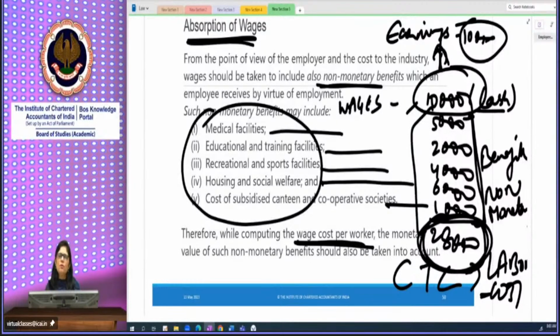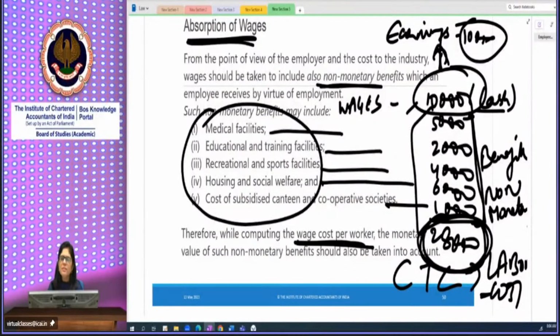So it includes cash also, in kind also, and non-monetary benefit also. So cash, kind, and benefit or facility, everything is part of the employee cost, which is much more than the earnings which we are paying to the workers. All right. So this is a very, very important concept you need to understand.